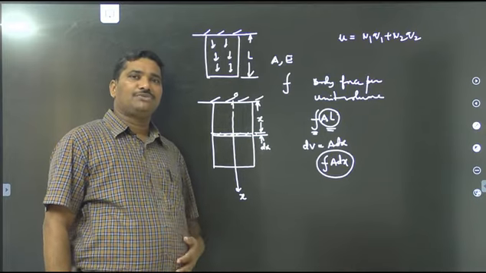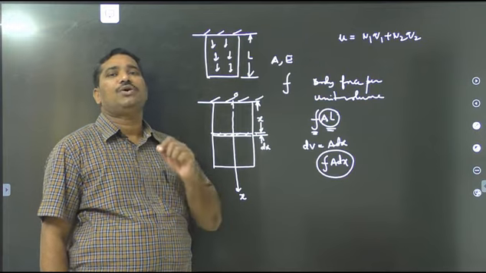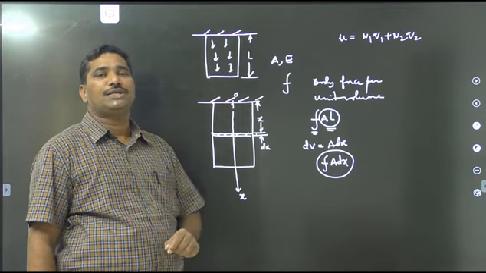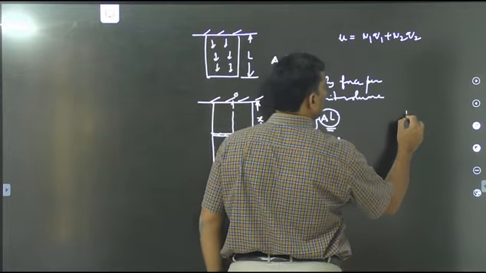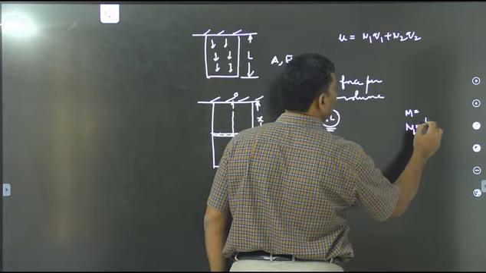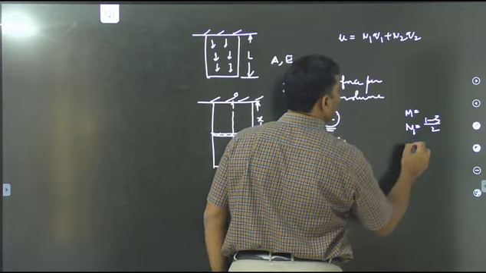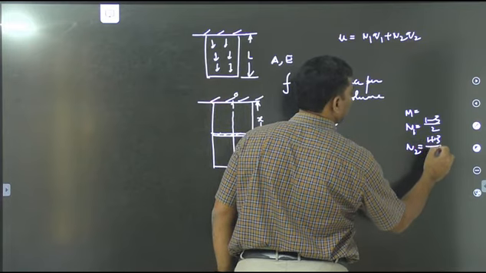For one-dimensional problems, we derive the shape functions N1 and N2 in terms of the natural coordinate xi: N1 equals (1 minus xi) by 2 and N2 equals (1 plus xi) by 2.